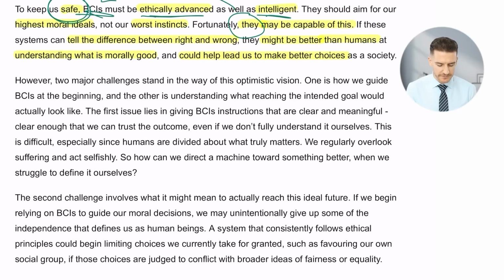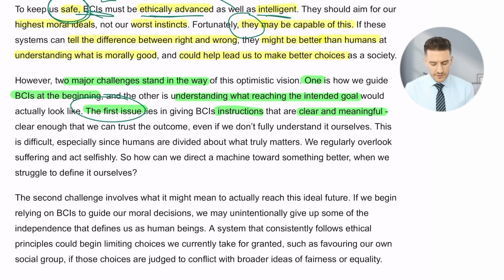So here it is. However, two major challenges stand in the way. Okay, one is how we guide BCIs. The other, understanding what reaching the intended goal would look like. The first issue, okay, so this is probably what we're looking for. The first issue lies in giving BCIs instructions that are clear and meaningful. Now, if you remember, one of the options talked about instructions, so we'll just keep that in mind.